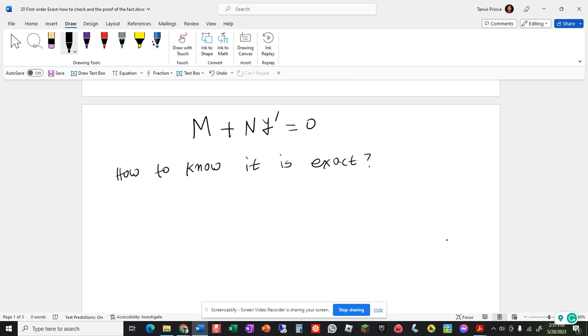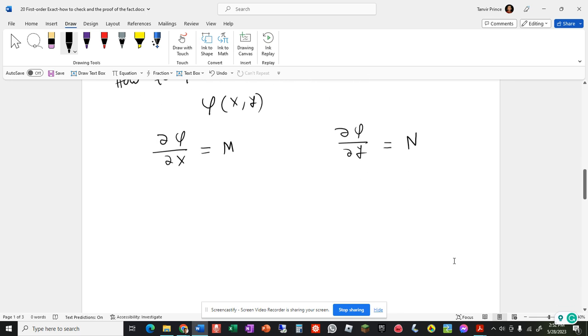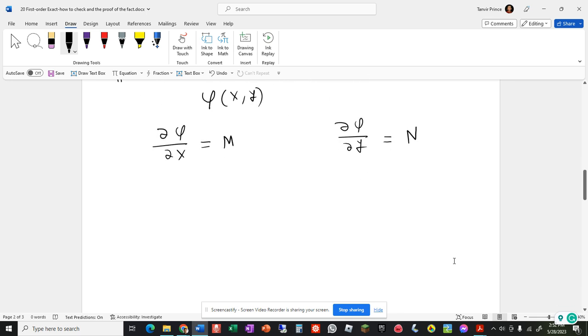Exact means there exists a function phi so that the partial of phi with respect to x gives M, and the partial of phi with respect to y gives N. So let's first assume that it is exact. So such a phi exists. By definition, if it is exact, such a phi exists. So I have these two equations here. Let's do some simple algebra.